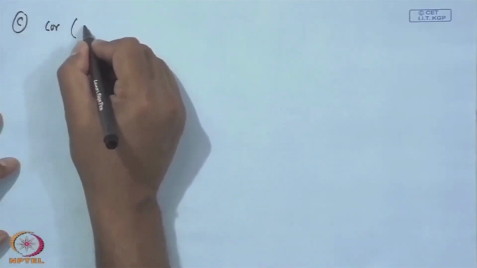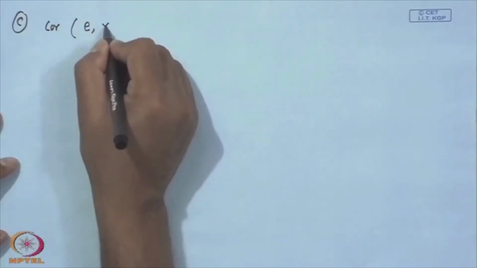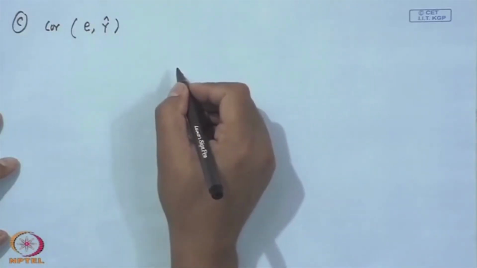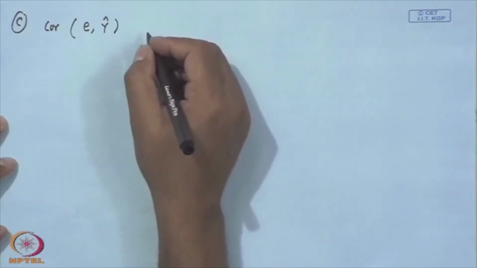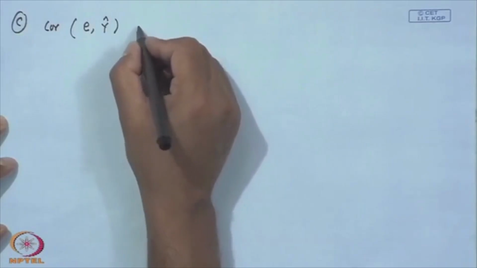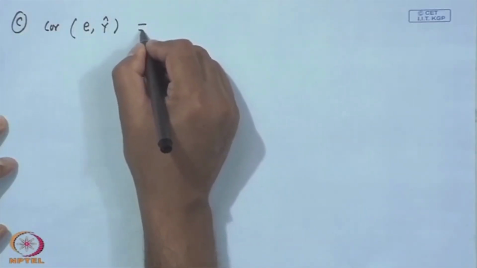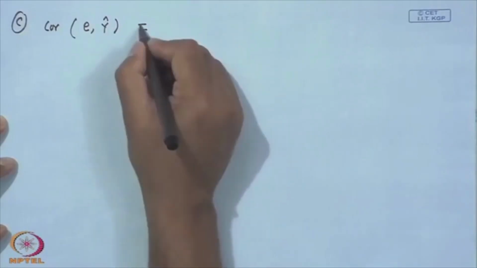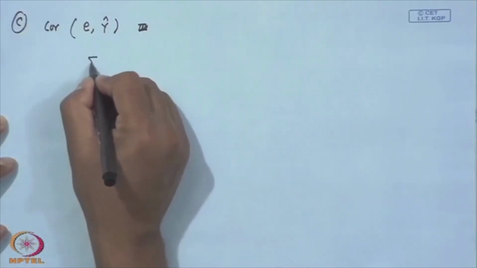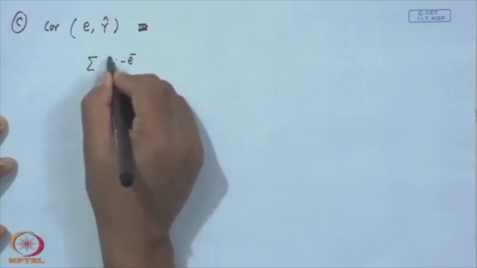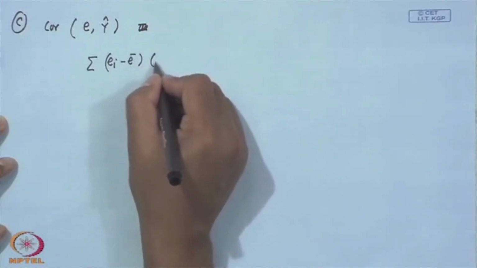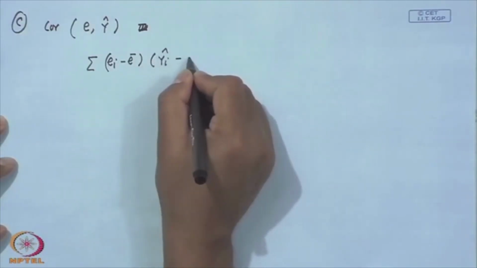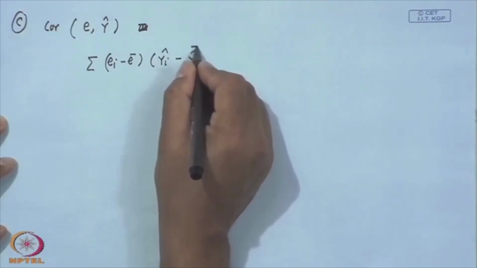Anyway, so part C, the correlation between E and y hat is equal to, first we will start with summation E I minus E bar into y I hat minus y hat bar.